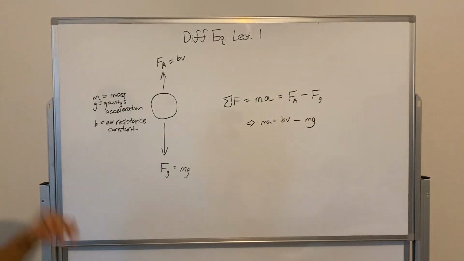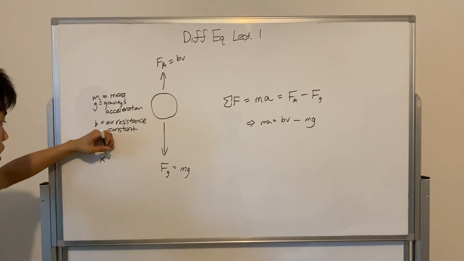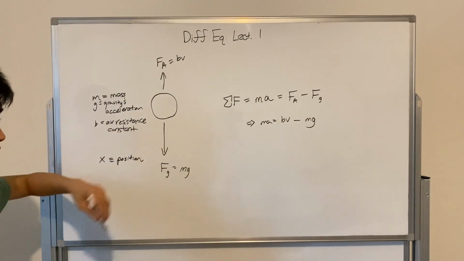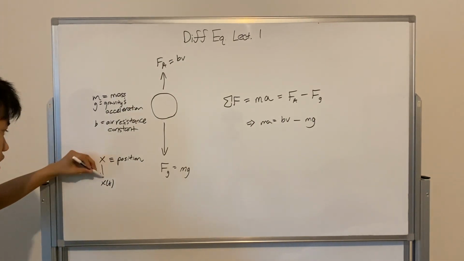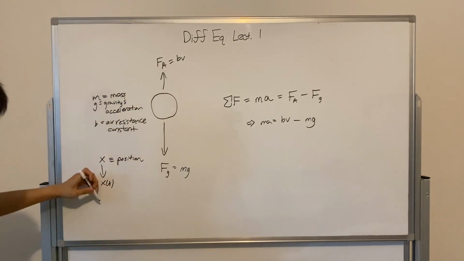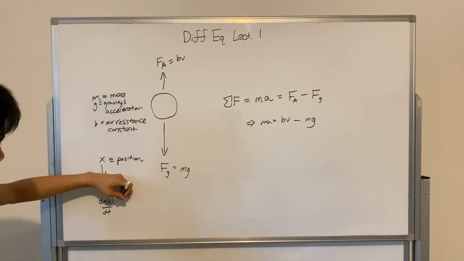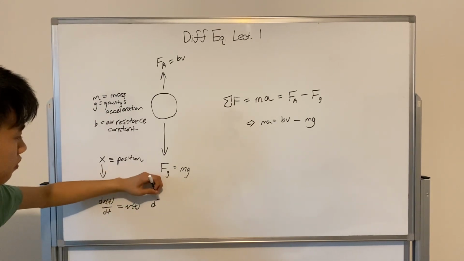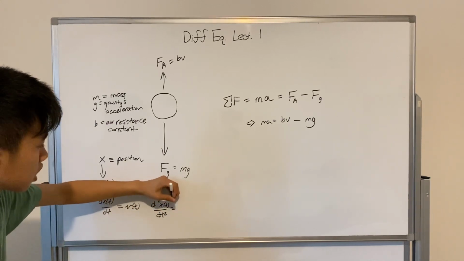Okay, well, let's say we can define position as x, so x is position, and obviously position is also a function of t. So we know that the first derivative of position is velocity, and the second derivative of position with respect to time is acceleration.